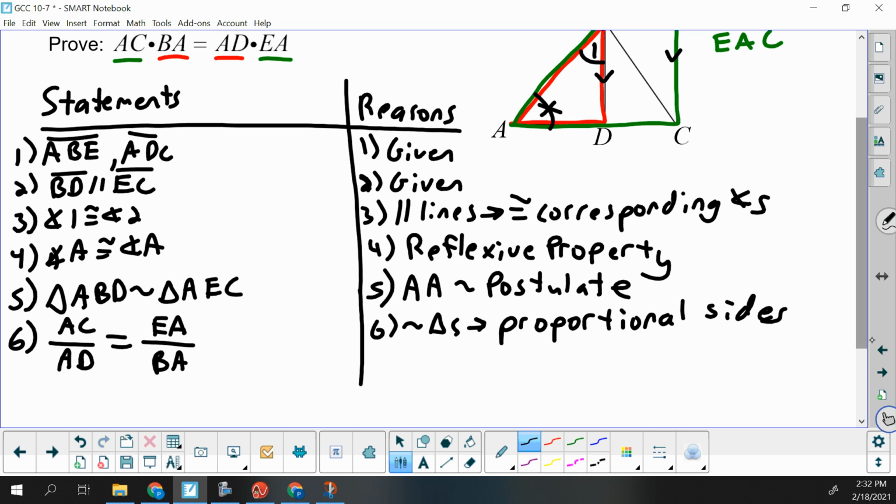And then our new stuff for today, our statement is just what we want to prove. AC times BA is equal to AD times EA.